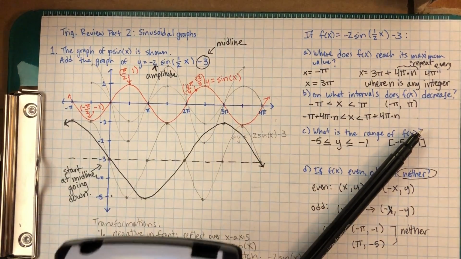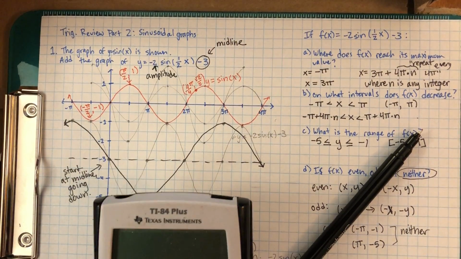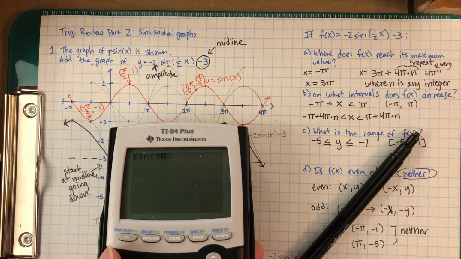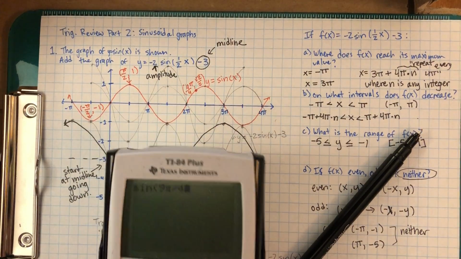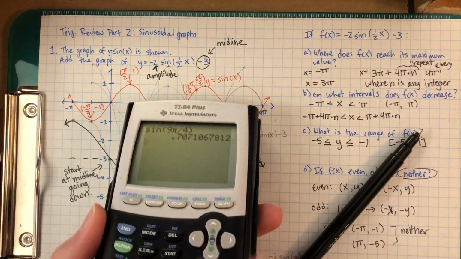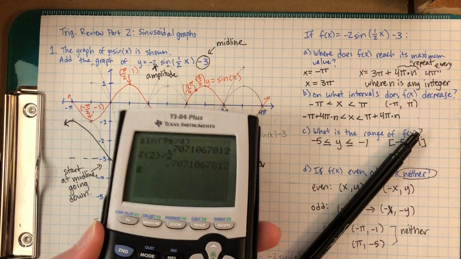So, put myself in radian mode. Sine of 9 pi over 4. This is indeed the same number as the square root of 2 over 2.